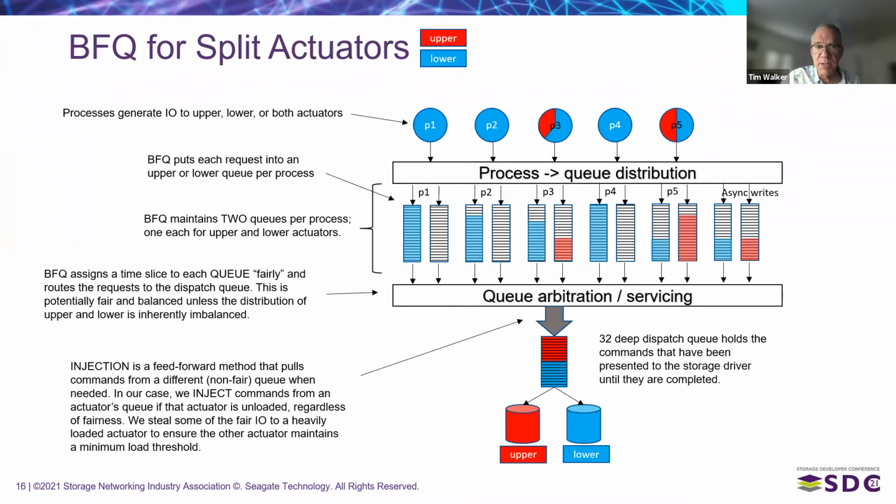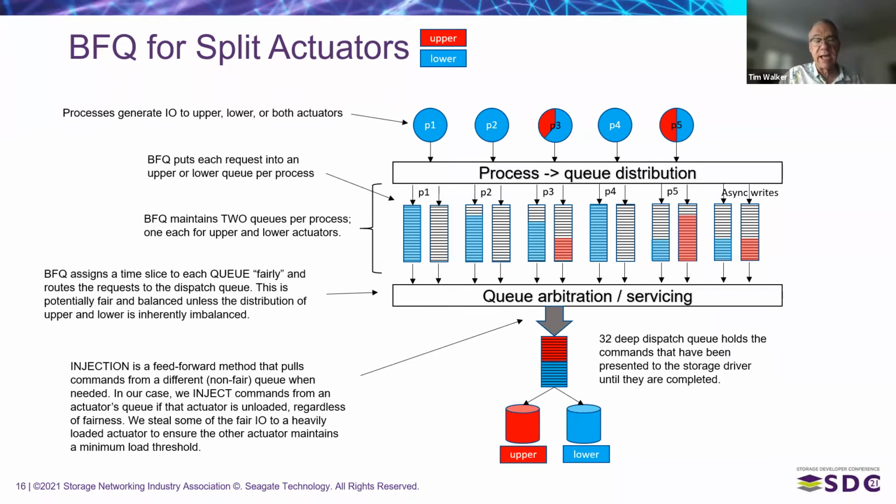So let's talk about BFQ. This is some work that we're working on currently. BFQ is a complex scheduler designed for hard drives. On this chart, these signify processes at the top, and at the bottom there is a dual actuator hard drive with an upper and lower actuator.